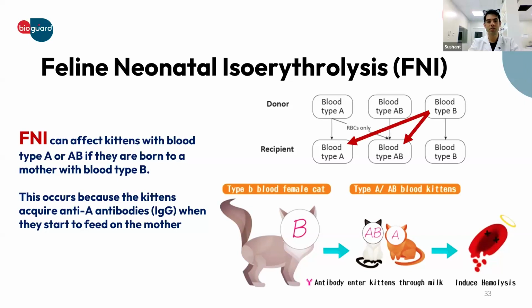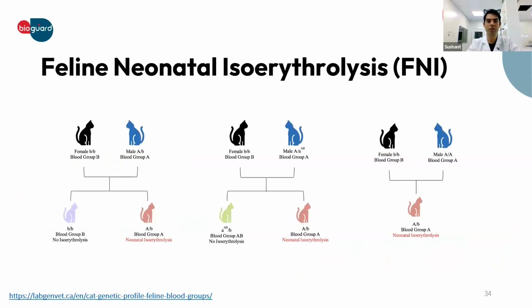So in this paper, a general idea is given of how we can avoid neonatal isoerythrolysis, based on the male and female allele combinations that could be mixed and matched to make a perfect combination where the newborn will have no problem feeding from the mother. In general, naturally, neonatal isoerythrolysis is not that prevalent.